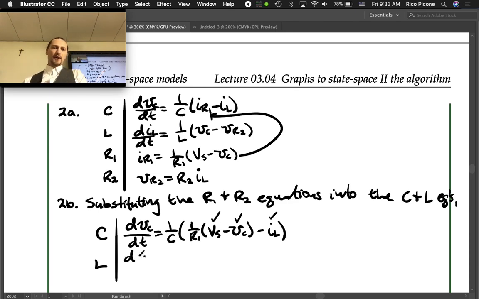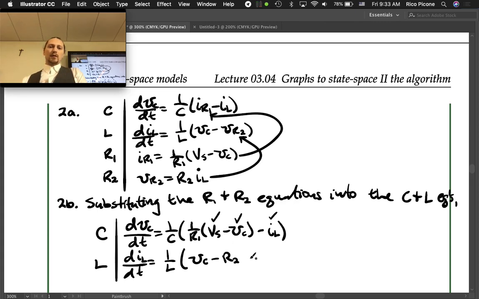And the next one is dIL dt equals 1 over L times, we need to substitute this R2 equation in for VR2. So we have Vc, which is a state variable, minus R2 IL. Great.